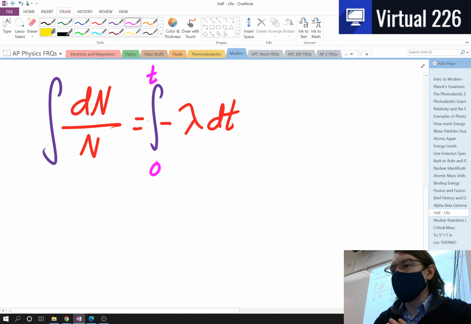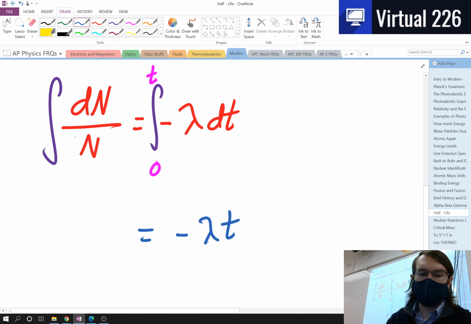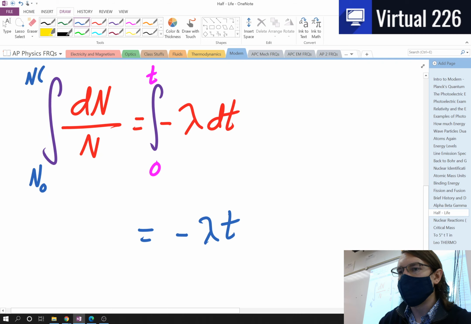Okay, so if we integrate this from 0 to t, what we quickly see here is that on this right side, given that this negative lambda is a constant, we're just going to have negative lambda t. On our left side, we're technically integrating this from some 0 time to later time, but what we really mean by that is some n naught, the initial quantity, to some n of t, some number of the quantity that we have at some later point in time.